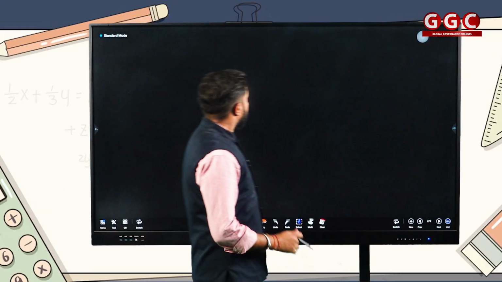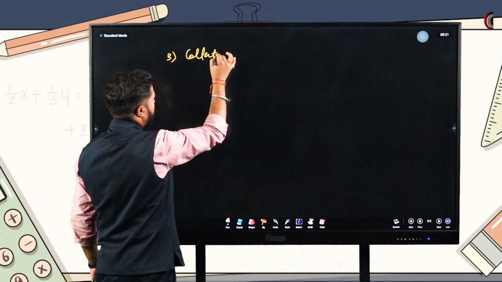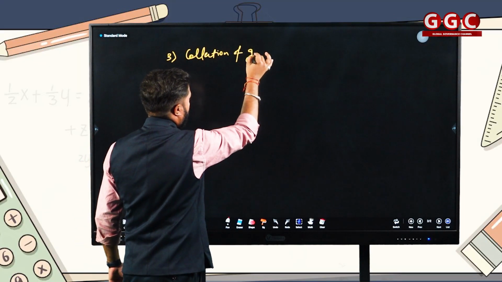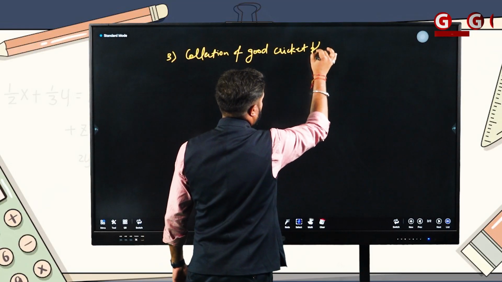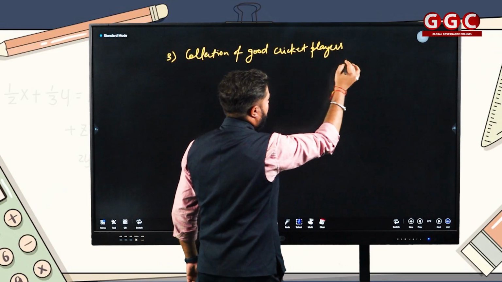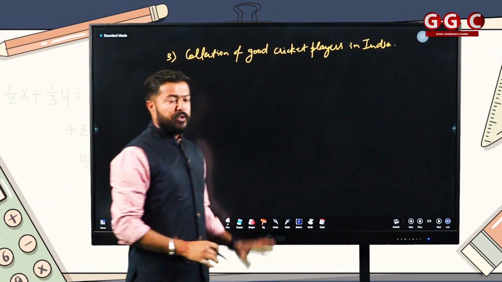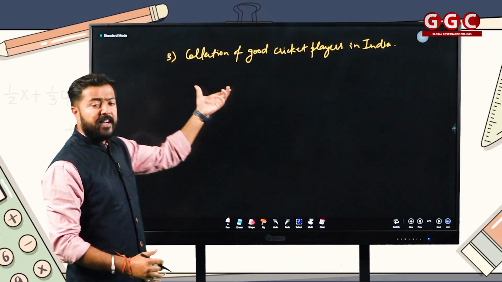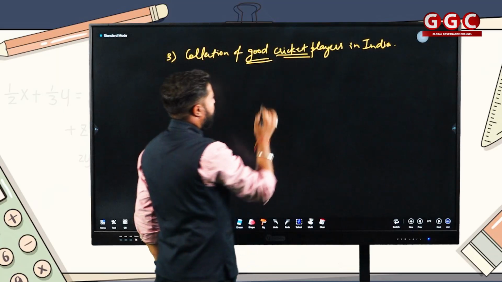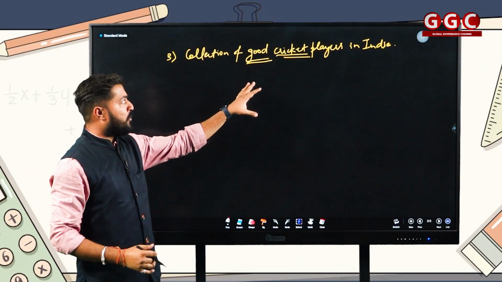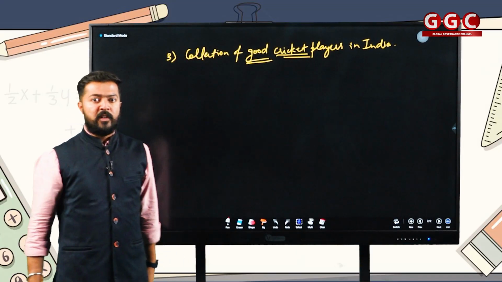Next, if we take collection of good cricket players in India. Now we need to find that if it forms a set or it does not form a set. See, good cricket player, for some person good cricket player can be Rohit Sharma, for some other person good cricket player can be Virat Kohli and so on.